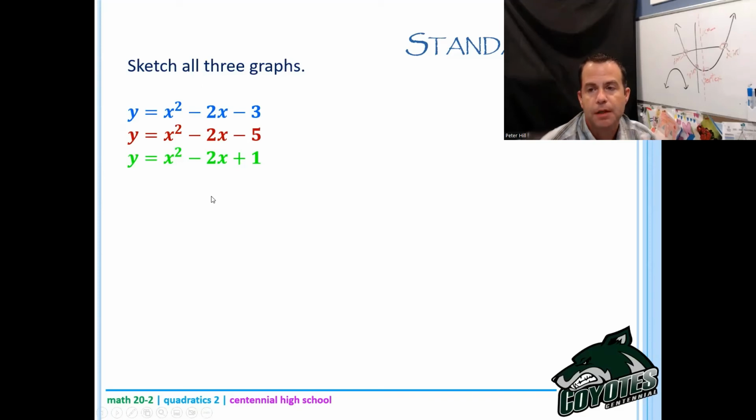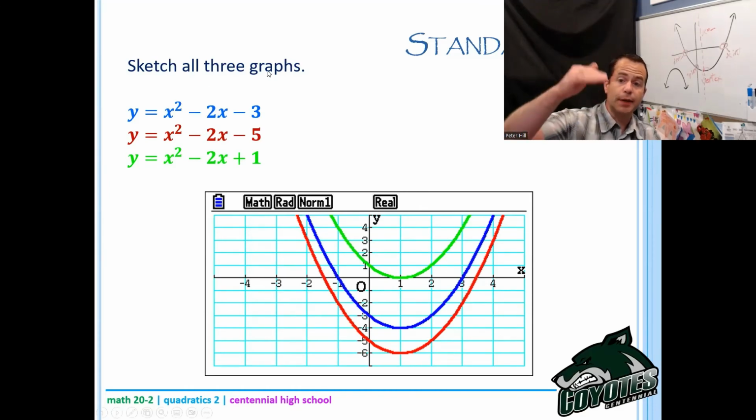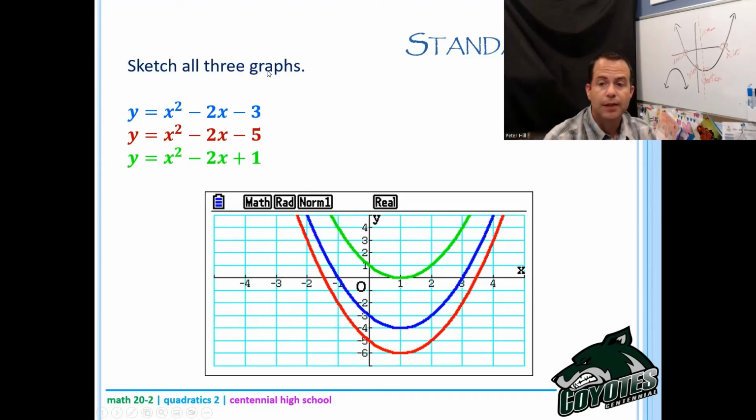Okay. So you should have a picture that looks like this. We'll go through those questions in a second, but what I want you to notice right off the bat, it looks like this thing is going up or down, okay? The shape of the graph isn't changing. It's not becoming wider or narrower. It's just being moved up or down.